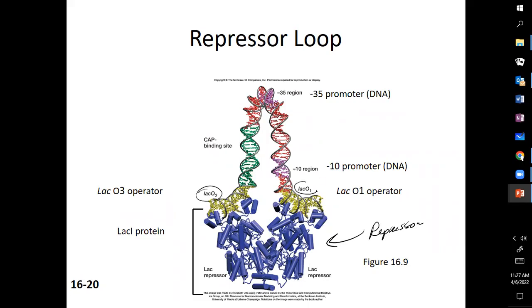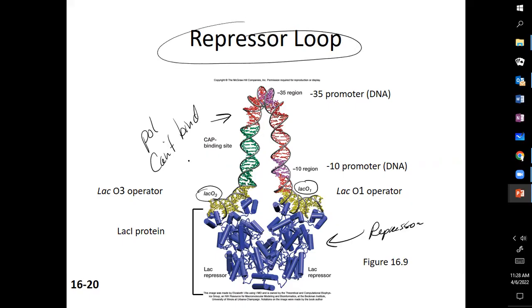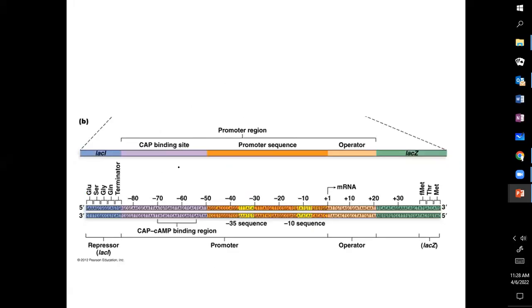These are both considered the operator binding site in yellow, the sequence that's recognized and bound by the repressor protein. When it binds, it causes a conformational tweaking of the promoter region, and polymerase can't bind. It's a repressor loop. So those are the major DNA regions involved.